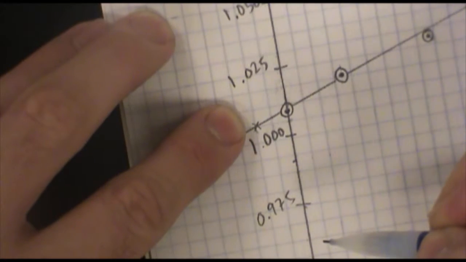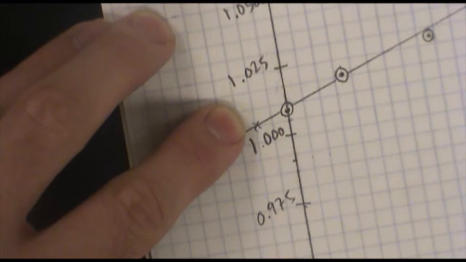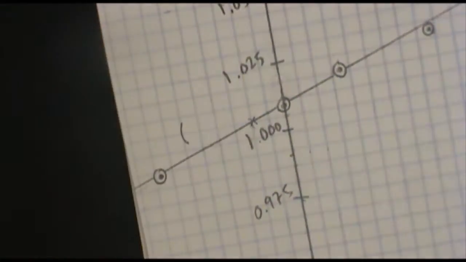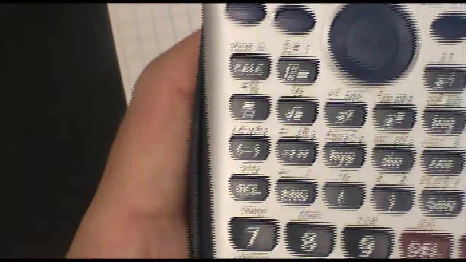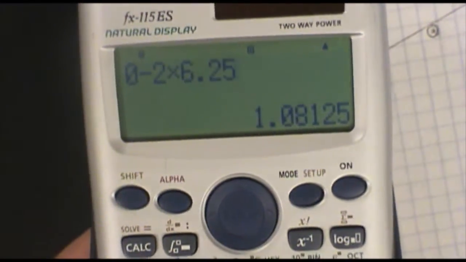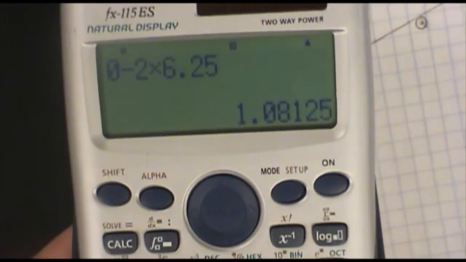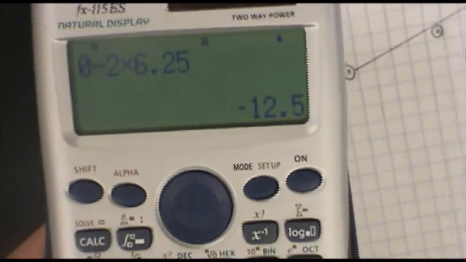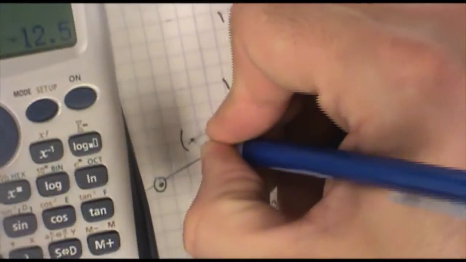I know that each box on my x-axis is worth 6.25 degrees. So if I start at 0 and go back 2 boxes times 6.25, I'm going back, so that's negative 12.5 degrees.